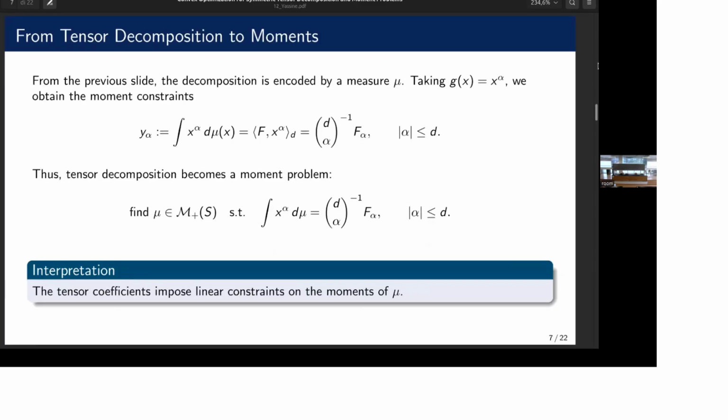If we take j as a monomial x^alpha, for example, we can explicitly find a moment constraint, which is given by the inverse of the multinomial coefficient multiplied by the coefficient f_alpha of the tensor. Now our problem is finding such a positive measure such that some moments can be obtained from the coefficients of the tensor.